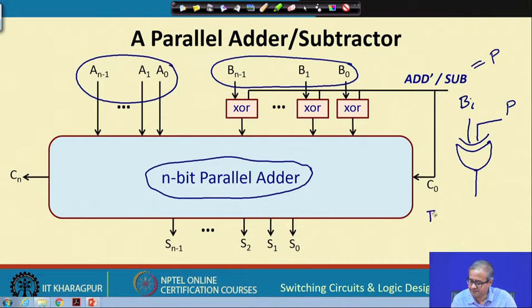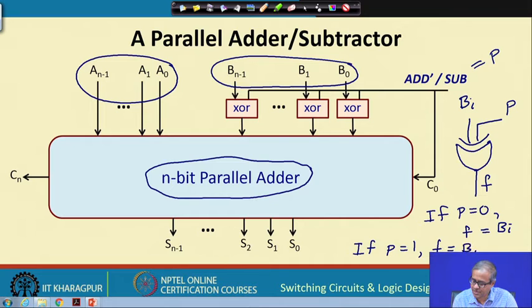If P equal to 0, the output is nothing but Bi. But if P equal to 1, then the output becomes the not of Bi. So, it is a controlled inversion.